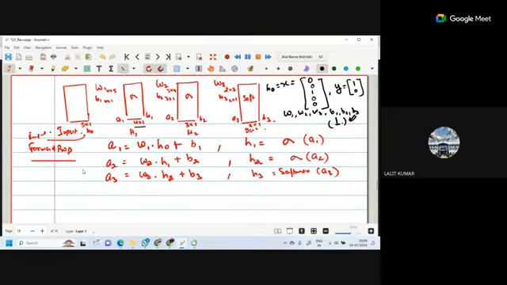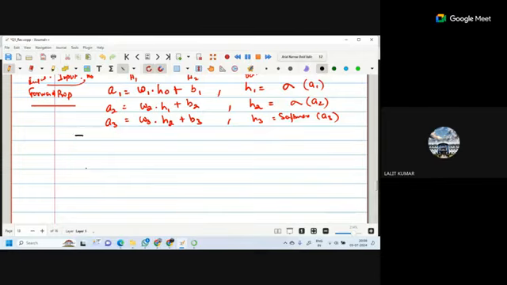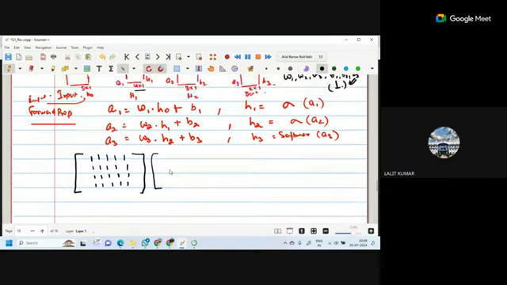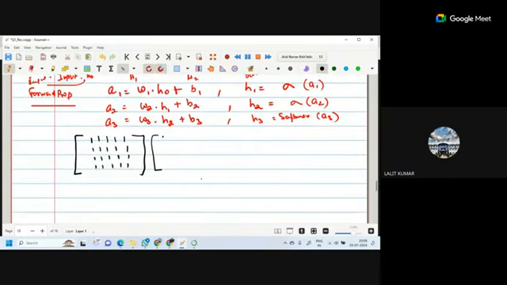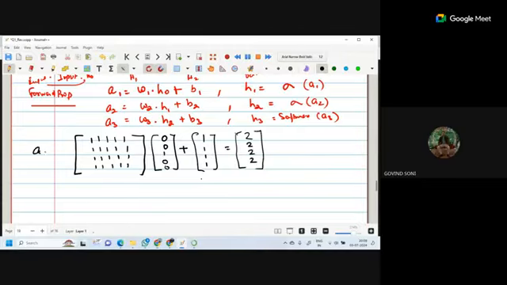What is the W1 size? 4 into 5. H0 is 0, 0, 1, 0, 0, plus B of size 4. So this becomes 1 plus 1, 2, so 2, 2, 2, 2. Is this clear? Yes, sir.